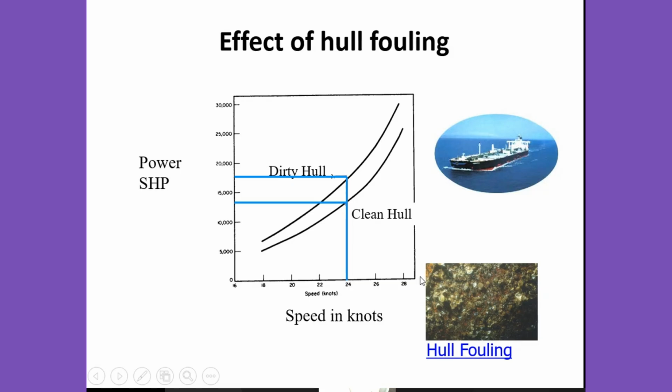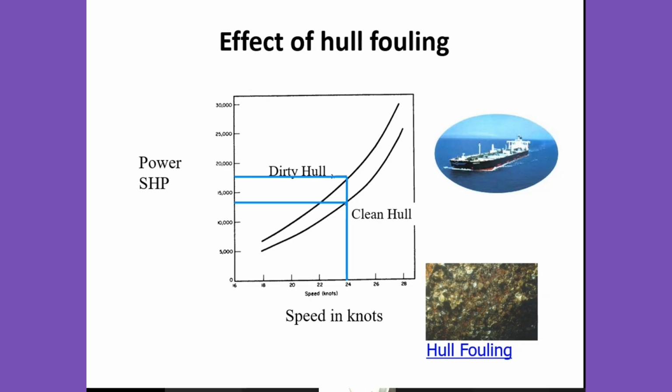However, if I clean the hull, at the same power I will get the 24 knot speed, which will save a lot of fuel, and it compensates or overcompensates the money we spend for cleaning, because the saving in fuel is much higher.